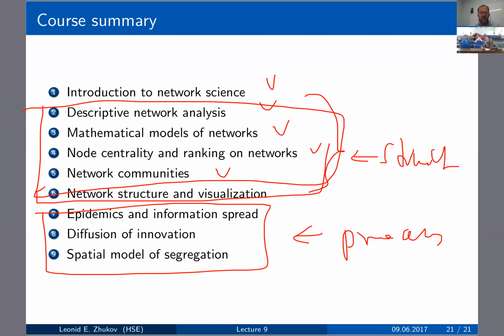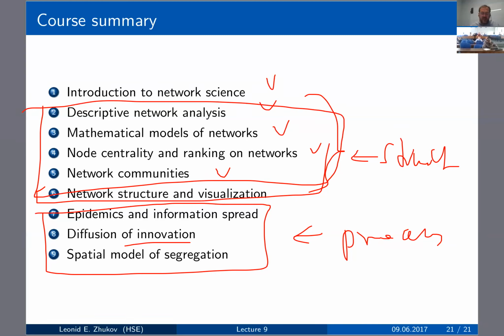We talked about diffusion of innovation, a model of making decisions when you are surrounded by friends who influence you, and as a rational agent you make a decision that optimizes your preferences, like joining the same mobile operator or switching to a new technology, based on what your neighbors and friends do.